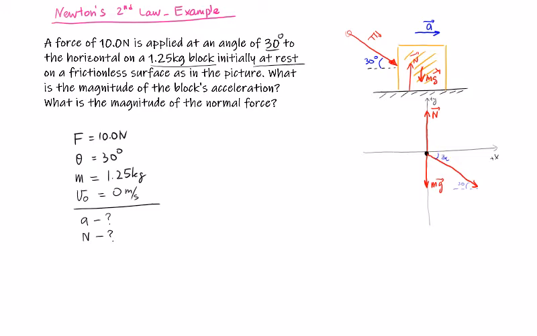So this is my 30 degrees right here. It's very important to know. I'm going to put the theta in here. We already have the value for the angle theta. And don't forget to label the forces, the vectors.